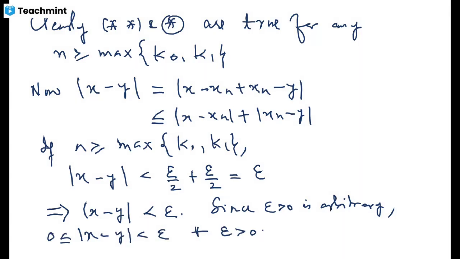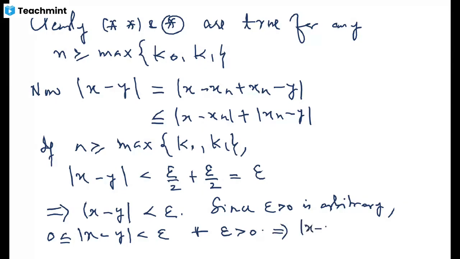Now you have a situation where you have a non-negative number which is strictly smaller than every positive real number. And then what can that number be? That number can be only 0. We cannot have any other non-zero number which is non-negative at the same time and less than every positive real number. So such a number is only 0.